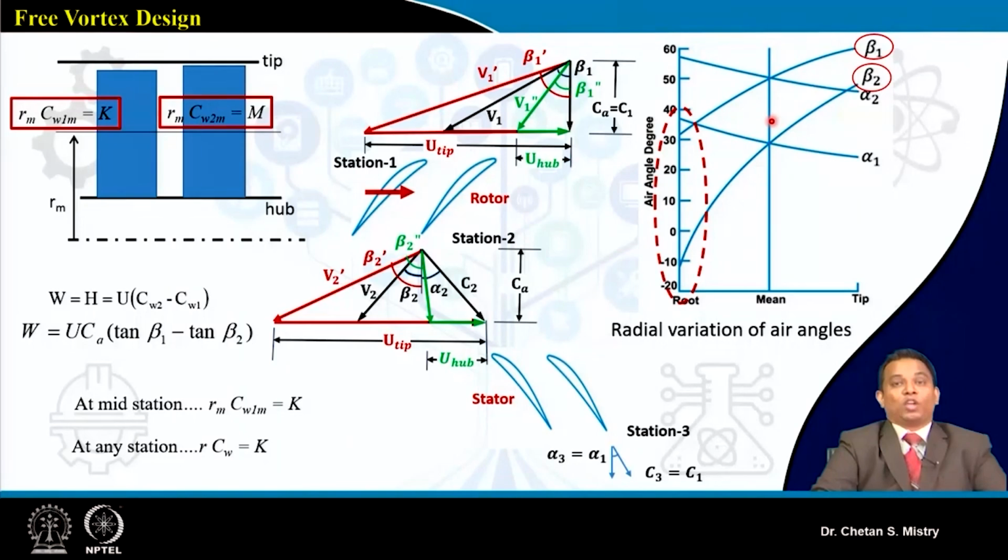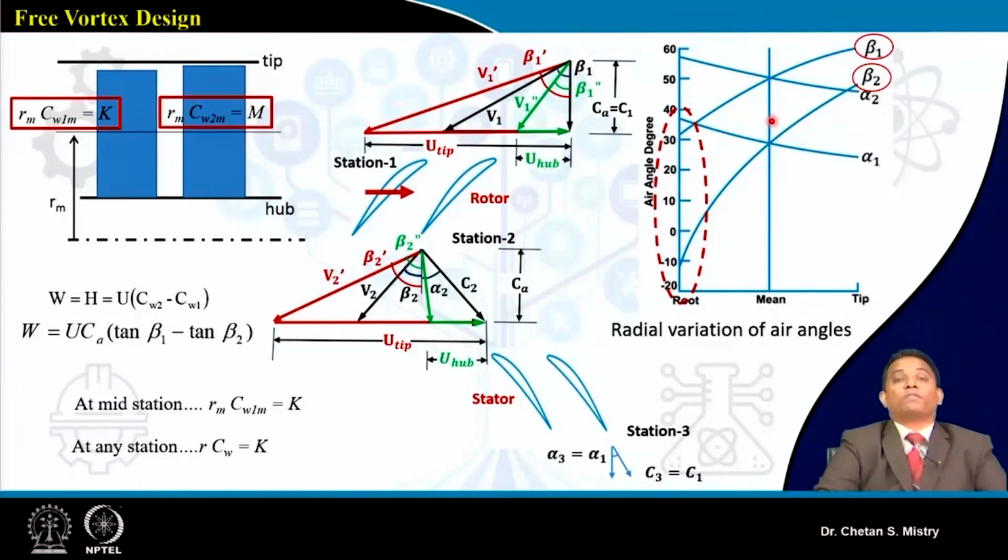So you can understand what we started discussing: we have taken two approaches where we have assumed stagnation enthalpy to be constant throughout the span, and an arbitrary variation of the whirl component.